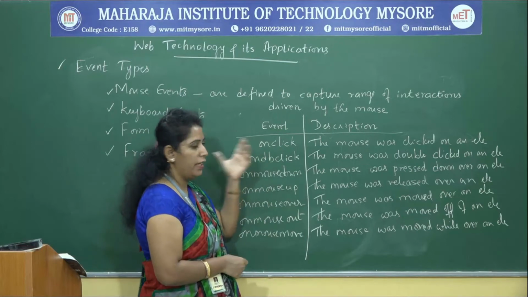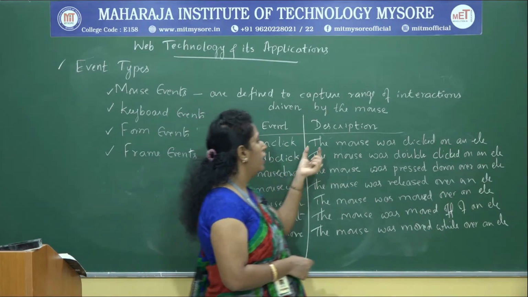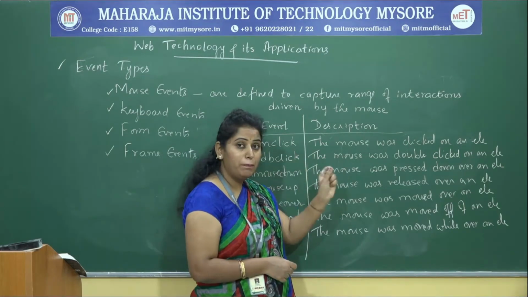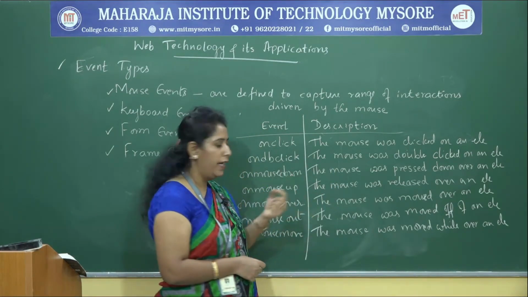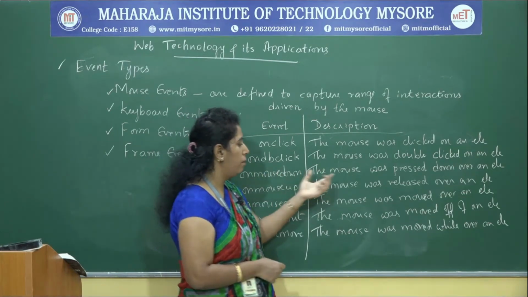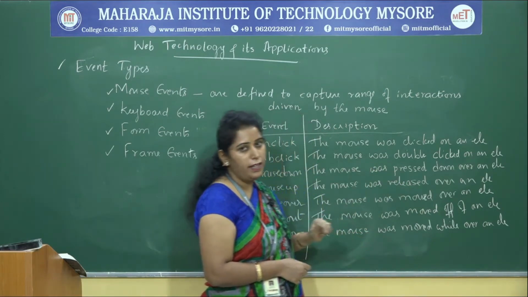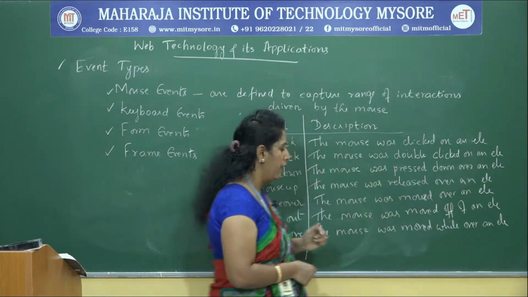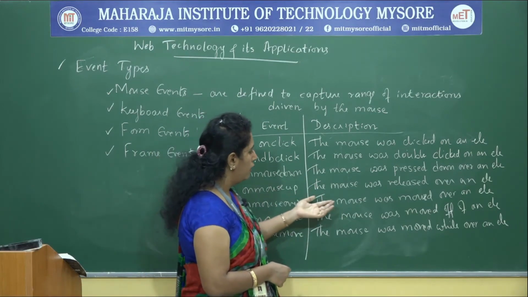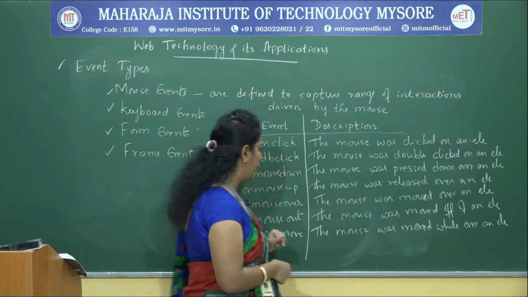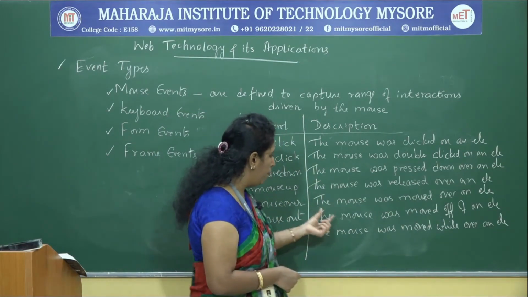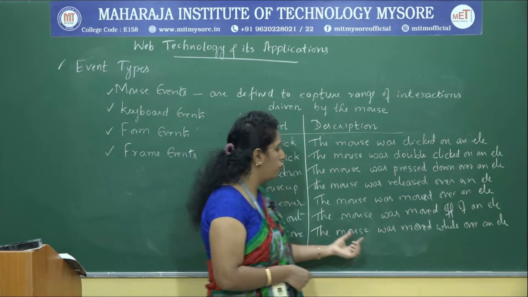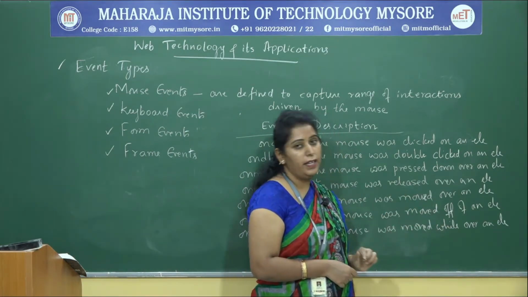I have listed them here. onclick, in the sense you are performing a click event: the mouse was clicked on an element. ondblclick: the mouse was double clicked on an element. onmousedown: the mouse was pressed down over an element. onmouseup: the mouse was released over an element. onmouseover: the mouse was moved over an element. onmouseout: the mouse was moved off of an element. onmousemove: the mouse was moved while over an element.